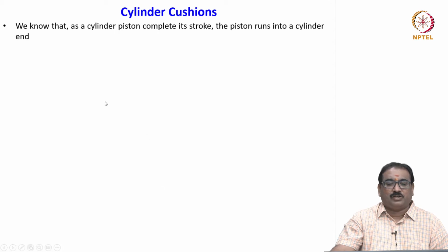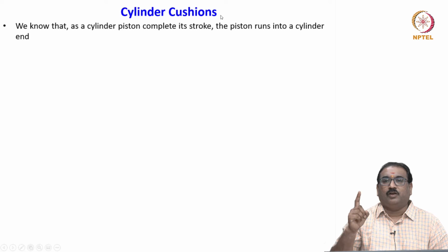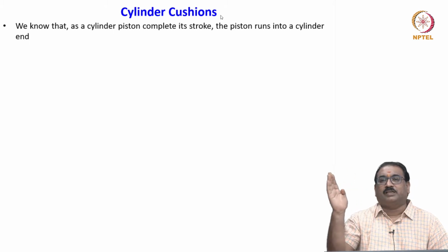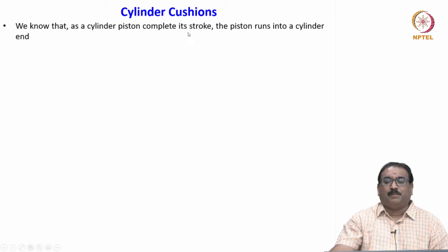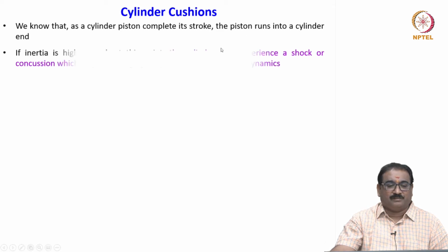Now, you will see, friends, the cylinder cushions play a major role in overcoming the impact of the piston when it reaches the two extreme ends. What are these? We know that as the cylinder piston completes its stroke, the piston runs into the cylinder end.